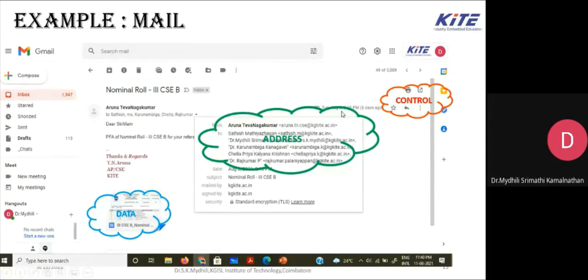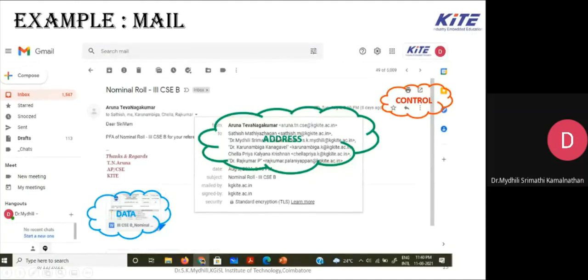And what is the content of the information delivered from her to us? It is the data which carries the nominal roll of third CSE B. Since she is the advisor, she has mailed the data to all the class handling faculty. So we are the recipients, and who is the sender here? Your advisor is your sender.